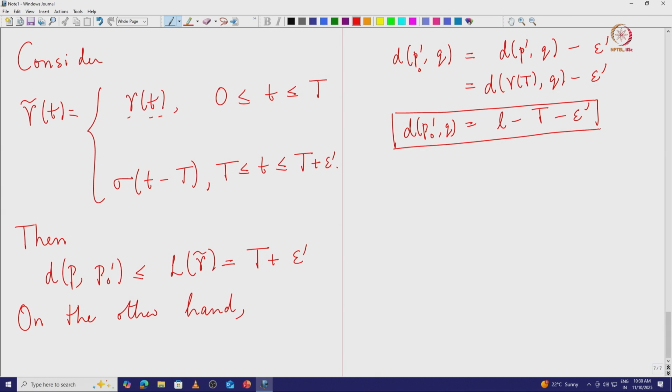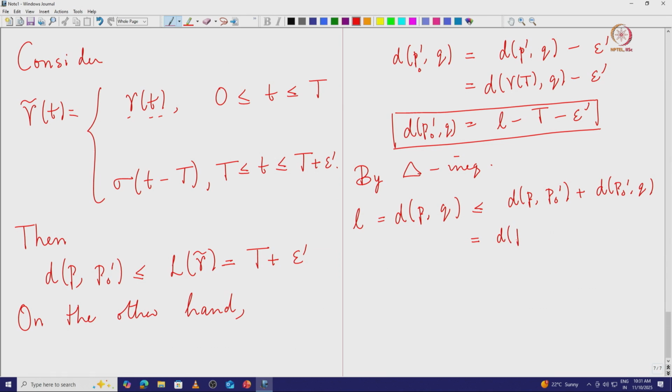So, we get this important relation that the distance from p naught prime to q is L minus T minus epsilon prime. But now we apply the triangle inequality again. The distance from p to q is, by our nomenclature, L, but by the triangle inequality that is less than or equal to the distance from p to p naught prime plus the distance from p naught prime to q. But the distance from p naught prime to q is L minus capital T minus epsilon prime.